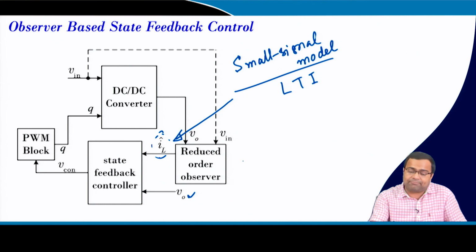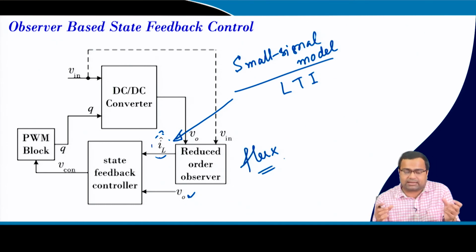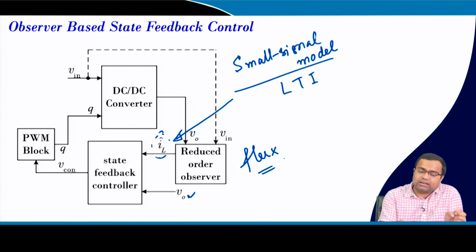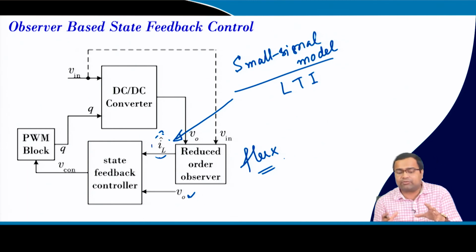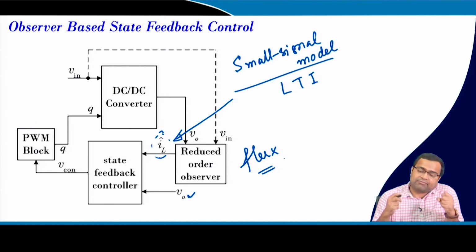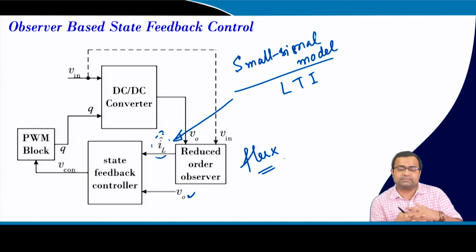Whereas, if we use a flux based approach, that means we take the voltage across the inductor and use a nonlinear observer, then we can generate the switching ripple information of the inductor current, and in that way we can get very high frequency current dynamics and estimate the current more accurately, including high frequency dynamics.